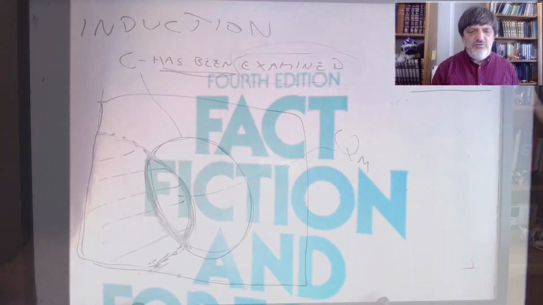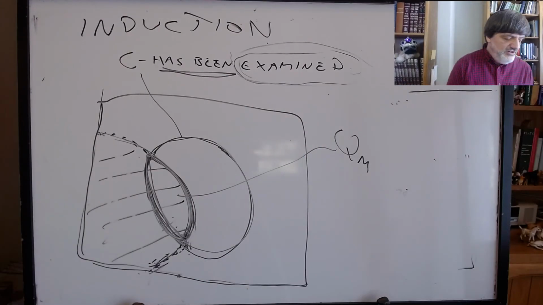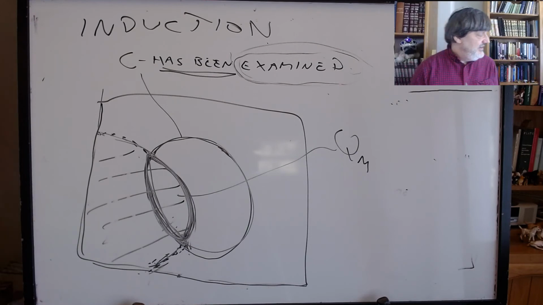Right? So, I don't know how much emphasis to put on this. He thinks it's important for avoiding certain problems that come up with pragmatism. But the thing he's pointing out is that if you're talking about an event that happens at a particular time, then, like the law, all copper conducts electricity, it makes predictions about copper that will be tested in the future, but it also makes, so to speak, predictions or retrodictions about copper that was never tested in the past.